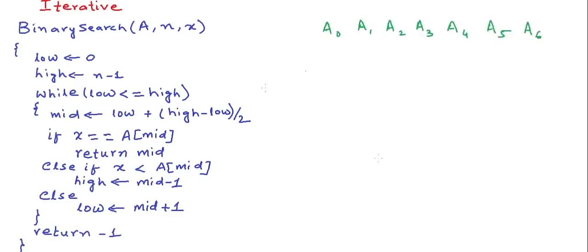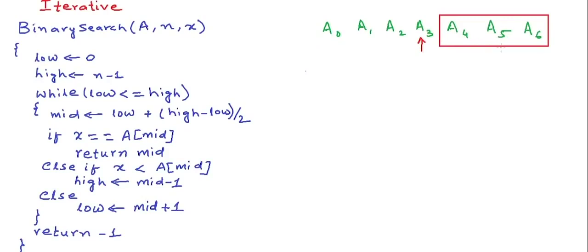What we are essentially doing here is that if we have an array in which elements are in increasing order, then we first compare x with the middle element, and if x is equal to the middle element, it's fine. If x is less than the middle element, it must exist before this element in this highlighted section, and if x is greater, it must exist after the middle element in this particular highlighted section.